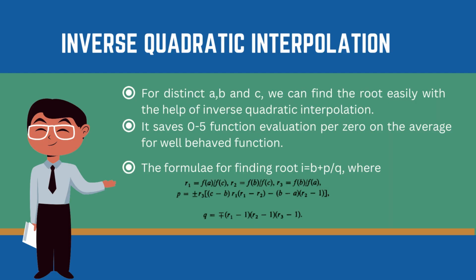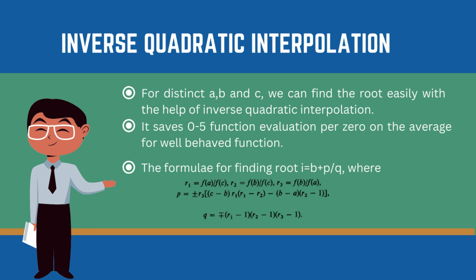Then the inverse quadratic interpolation. If we want to find the root from a quadratic equation, then with direct interpolation we have to solve an equation. But inverse quadratic interpolation makes these things much easier with some formulas.